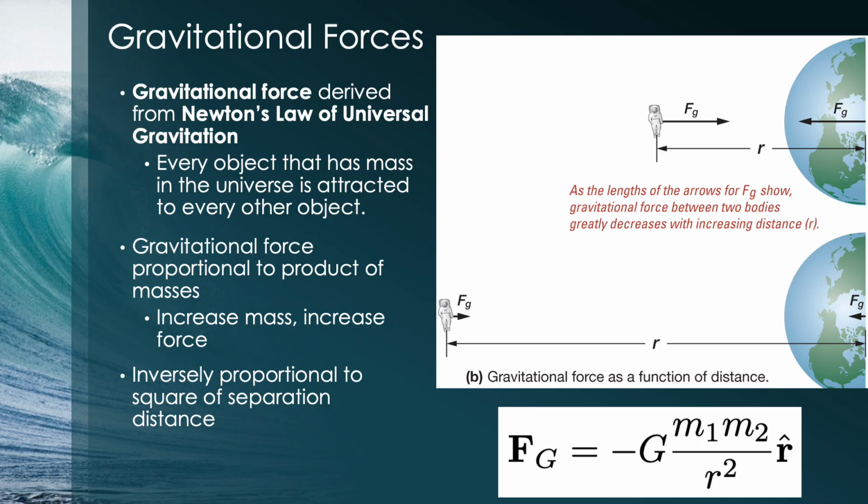But a couple of key features of that force law is that it's proportional to the product of the masses. So if you double either mass, it doubles the force. And then it's an inverse square law, meaning it depends on 1 over the square of the distance between the objects. So if you double the distance between the two objects, the force goes down by a factor of 1 over 4.